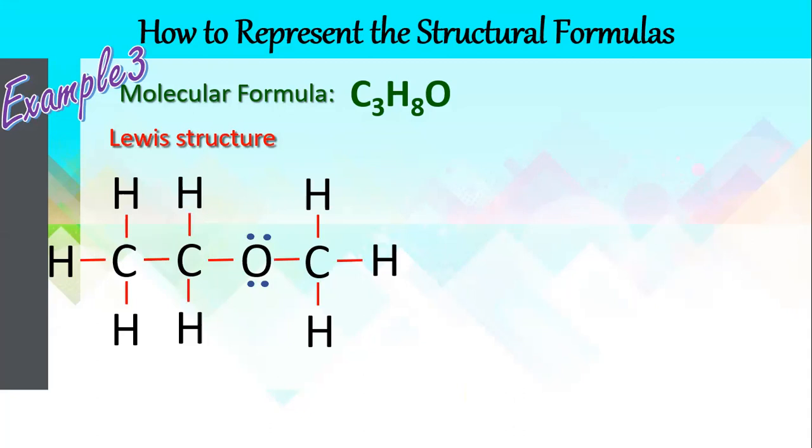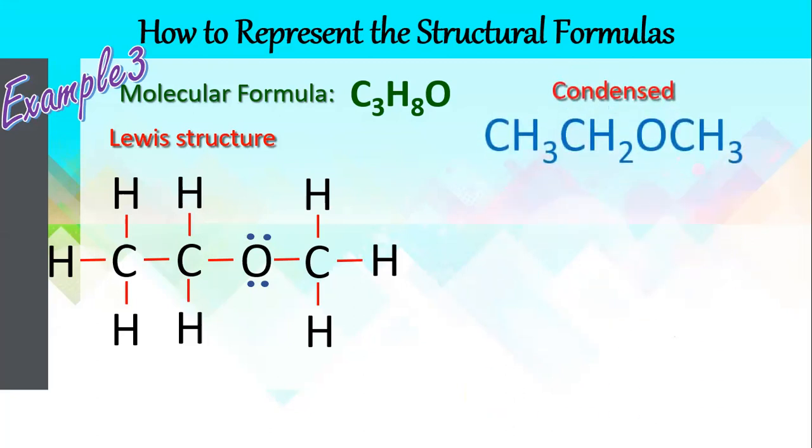Now for the condensed formula, you have four groups: CH3, CH2, O, CH3. This time, you don't have to put dots around oxygen since this is a condensed formula.